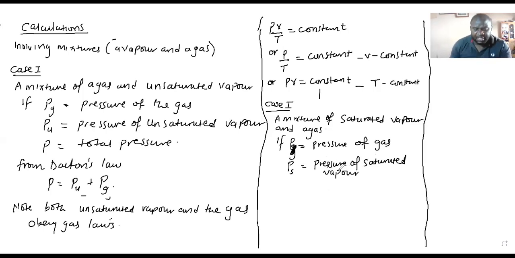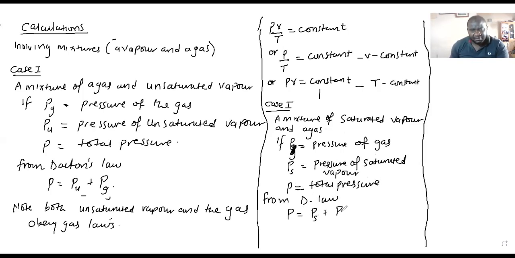Then the total pressure can be P. So from Dalton's law, total pressure P is equal to Ps plus Pg.